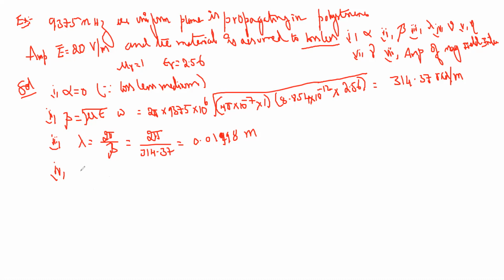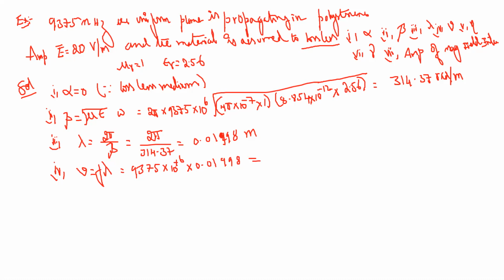Now the fourth one they're asking is the velocity v. Velocity v in terms of the wavelength is v equal to f lambda. It is a formula, my dear students. These are very, very important. So directly by substituting the given values, if you know the formula, the velocity is equal to 9375 into 10 power of 6 into 0.01998.